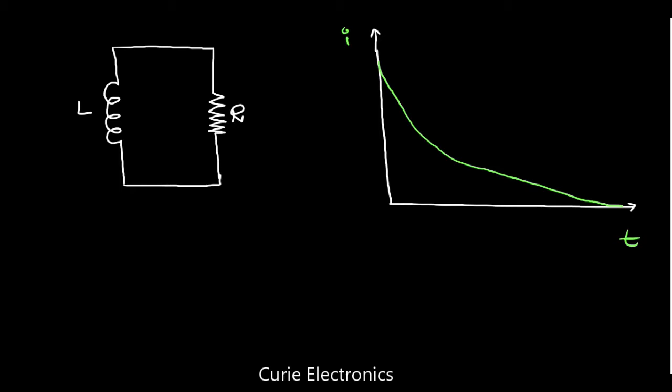Now the time period: L upon R is equal to tau. This L upon R is a time period.